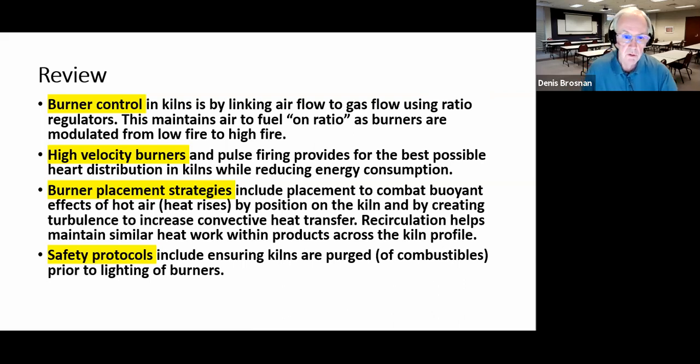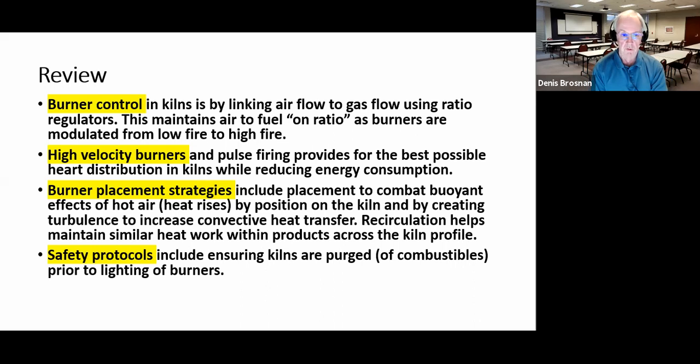In more recent technology, high velocity burners were developed. These burners allow the heat of combustion to create pressures that propel the hot combustion gases and some of the fuel elements and flame out across the kiln enclosure. We get a lot better heat distribution in kilns with high velocity burners, and consequently we encourage convective heat transfer and we reduce energy consumption.